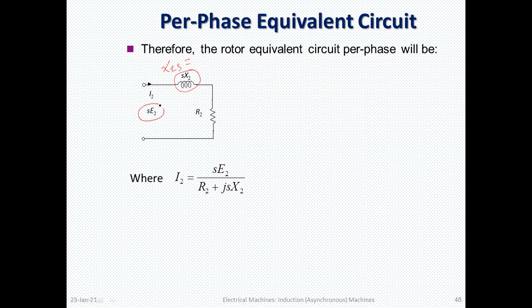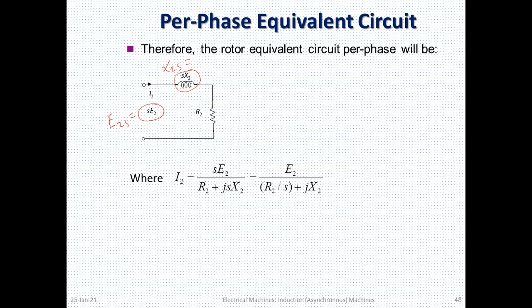This is the rotor side voltage, already derived, and this is the rotor resistance, and I2 is the rotor current flowing. From this circuit diagram, we can simply write the I2 current equal to voltage divided by the total impedance of the circuit. So the voltage is S E2 divided by R2 plus jSX2. This is the impedance of the circuit.